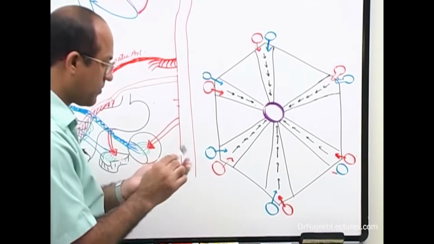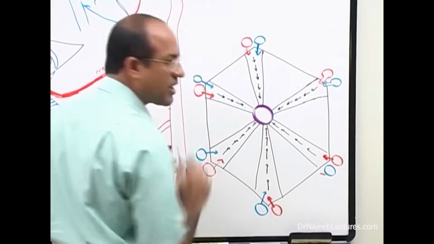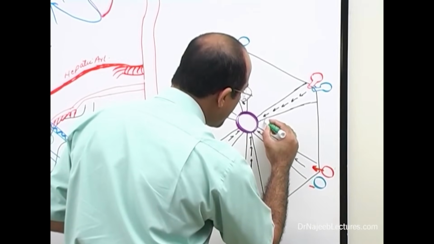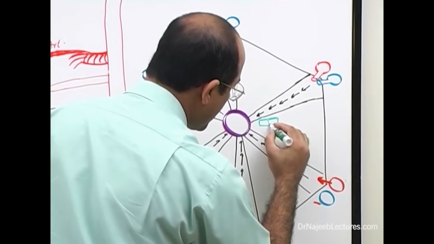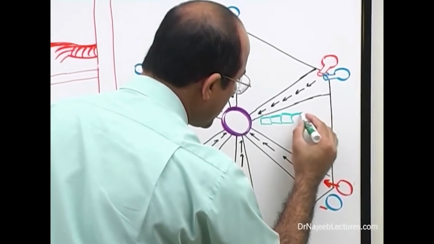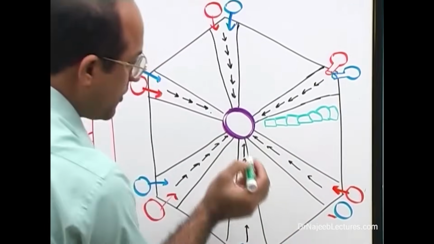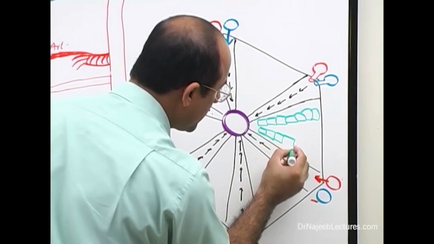Why is it so? Actually, here are your hepatocytes. Hepatocytes are arranged in plates. This is a plate of hepatocytes. There is also a plate of hepatocytes here.